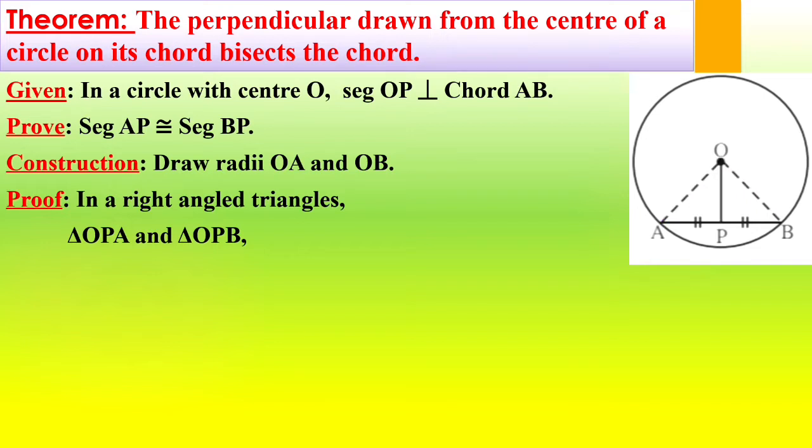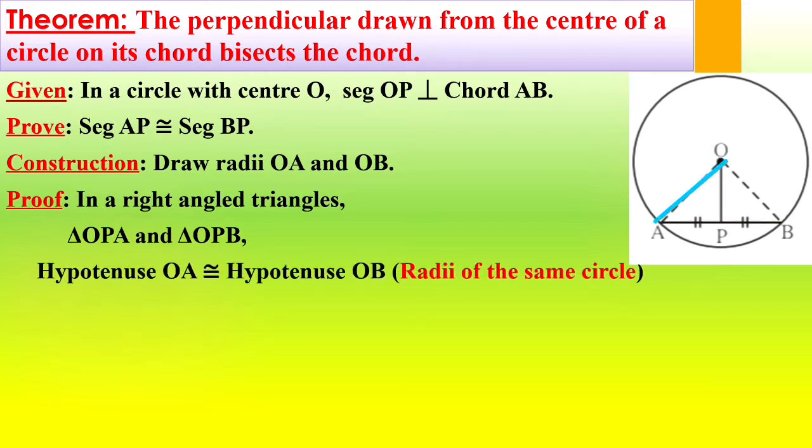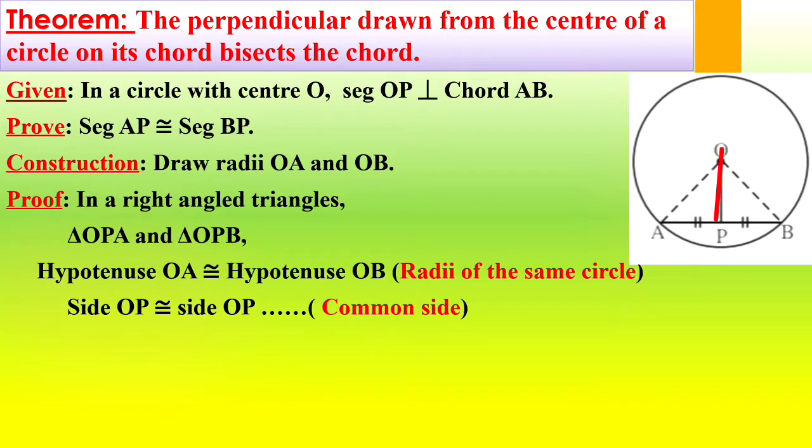Proof: in right angle triangle OPA and triangle OPB, hypotenuse OA is congruent to hypotenuse OB, radius of the same circle. Side OP is congruent to side OP, they are common side.